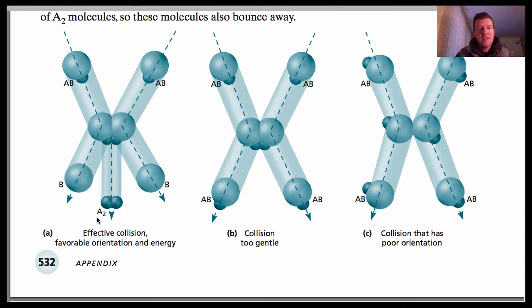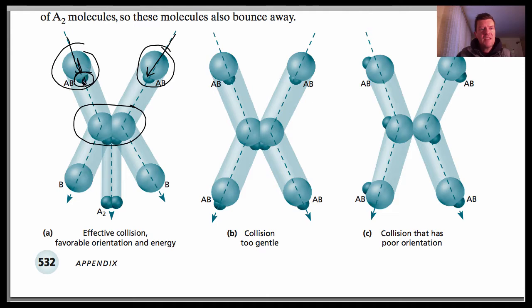But they could collide, and if there is a reaction, then here's your AB molecule right there. Here's an AB molecule, and here's another AB molecule, and they are on a path to collide. And if they collide with enough energy, here they're colliding right here in this middle section, you'll notice that the two A atoms, this is A, this is B, this is A, this is B, the small one is A, they hit with just enough energy and the right orientation.